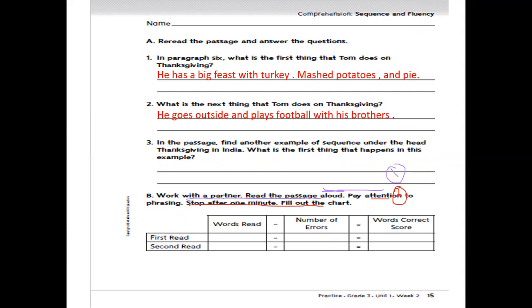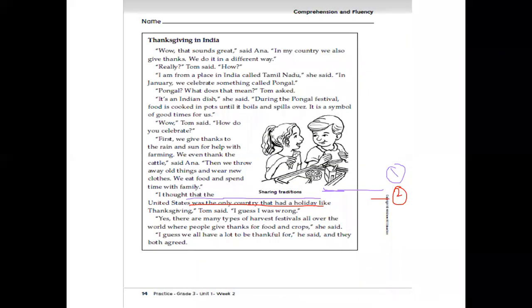In the passage, find another example of sequence under the heading Thanksgiving in India. What's the first thing that happens in this example? Let's see. This is Thanksgiving in India. Let's find the word first. It's here, but let's change the color again. First, we give thanks to the rain and sun for help with farming.